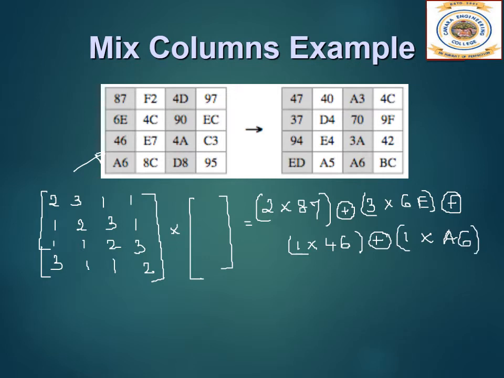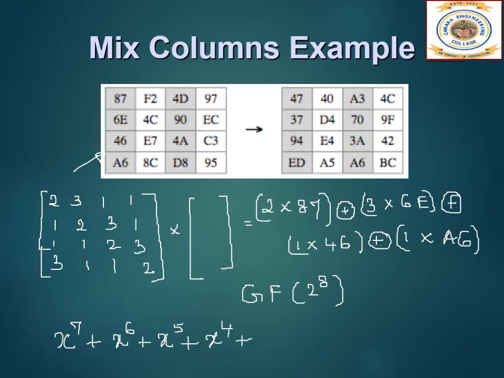Now let us see how this is done. Remember, the multiplication and addition are both in Galois field 2 to the power 8. The polynomial to consider for 2 to the power 8 is x to the power 7 plus x to the power 6 plus x to the power 5 plus x to the power 4 plus x cubed plus x squared plus x to the power 1 plus x to the power 0, that is 1.